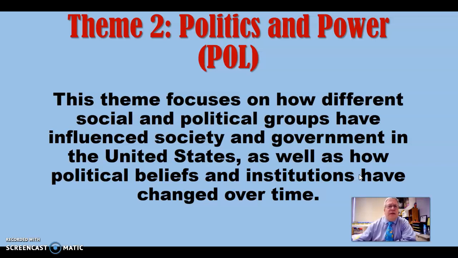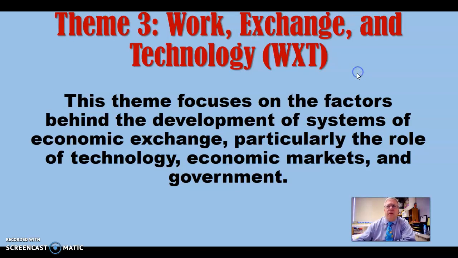What were the social aspects that caused this change? What was the effect? Who are the political groups? As we'll start to look at with the political era that we're dealing with now, many different third parties will start to form that will affect the bigger picture, but all these aspects. So again, this is theme 2, politics and power.